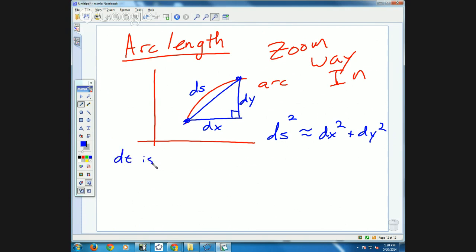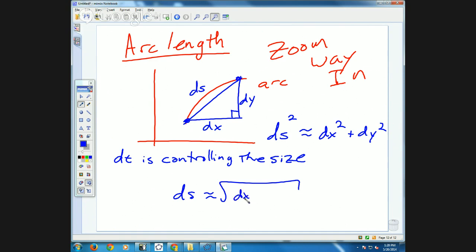So my dt is controlling the size. So dt starts off as a wicked little number, which makes dx, dy, and ds wicked little numbers. Infinitesimals, we call them. But here's the cool thing I know now: ds is approximately equal to the square root of dx squared plus dy squared.